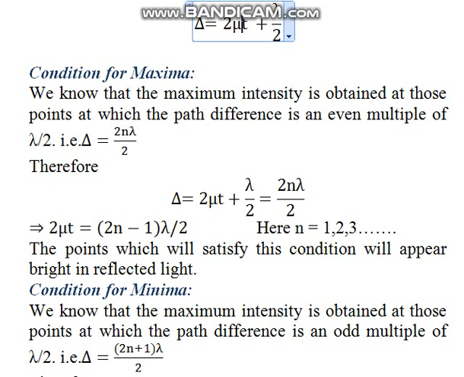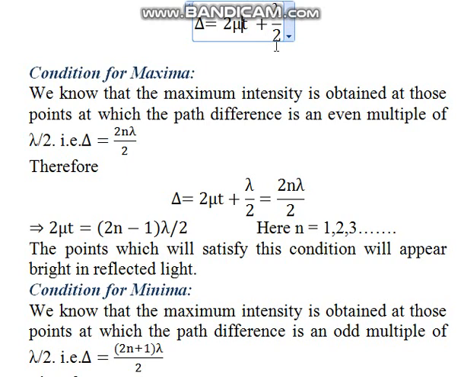That means the condition for the points which will appear bright or dark in the reflected light. So the whole mathematics is done for the reflected light. You can also write the same conditions for the transmitted light by taking the path difference equal to 2 mu t only, because the lambda by 2 component will not be there. This extra optical path difference is 0 in the case of transmitted light.